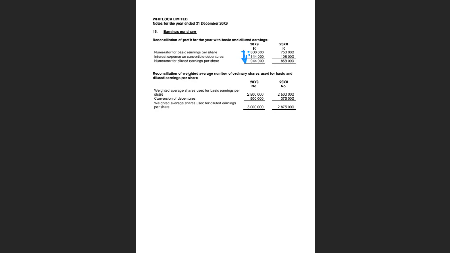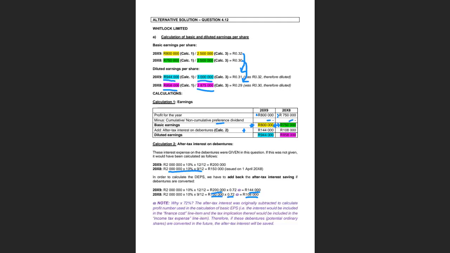cumulative preference dividends? Remember what our calculation looked like. So in this calculation, we started off with a profit for the year, right? We minus the cumulative preference dividends. This always stays the same, regardless of what question you're doing.